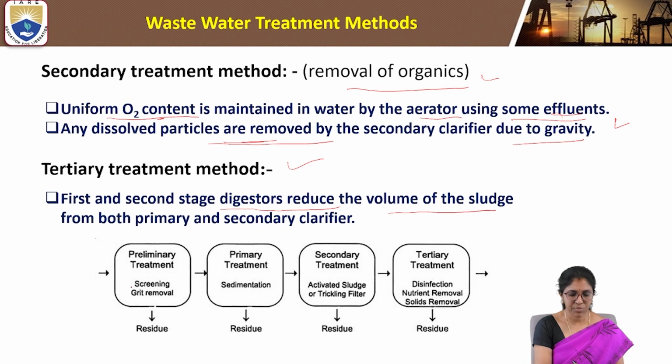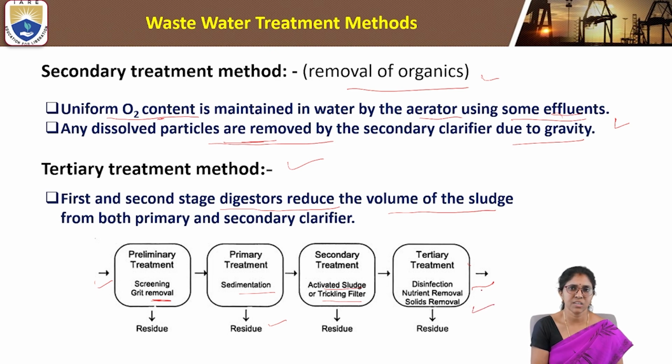In primary treatment, screening and grit removal take place. In the second, sedimentation. In secondary treatment, activated sludge or a trickling filter is used. In tertiary treatment, disinfection of wastewater, nutrient removal and solids removal take place.